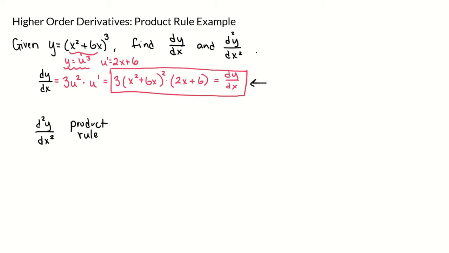And in the product rule, let's make this whole front function f, so f is going to be equal to 3 times (x squared plus 6x) squared. And then the second function we'll make g. So g will be 2x plus 6.